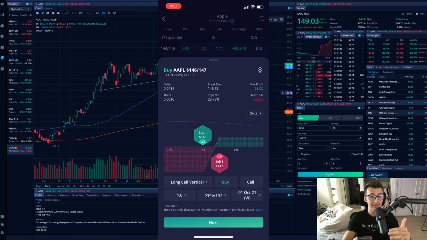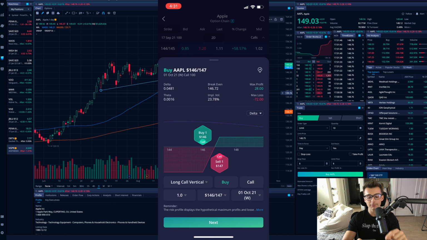Apple's actually at 149 as we speak. These are both in the money, and so given that they are both in the money, the option contract that is further in the money, the 146 contracts, those are going to be of a higher value, okay? So we're buying those and we're selling the 147s, which are of a lower value, okay? So this is what we're looking at when it comes to a debit spread.